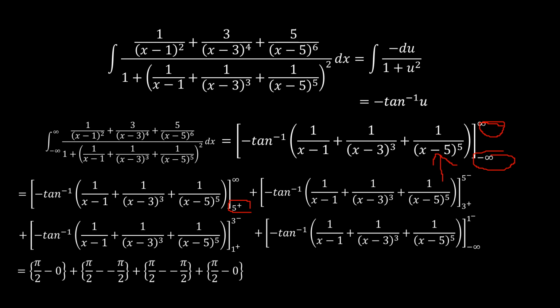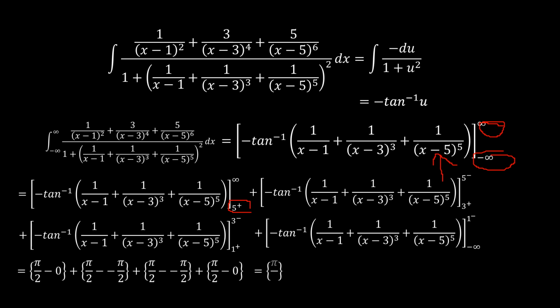And then here, at these 2 points, we have pi over 2, and then there's negative pi over 2. So we have pi over 2 minus pi over 2. The same thing happens to this, and lastly we have pi over 2 minus 0.